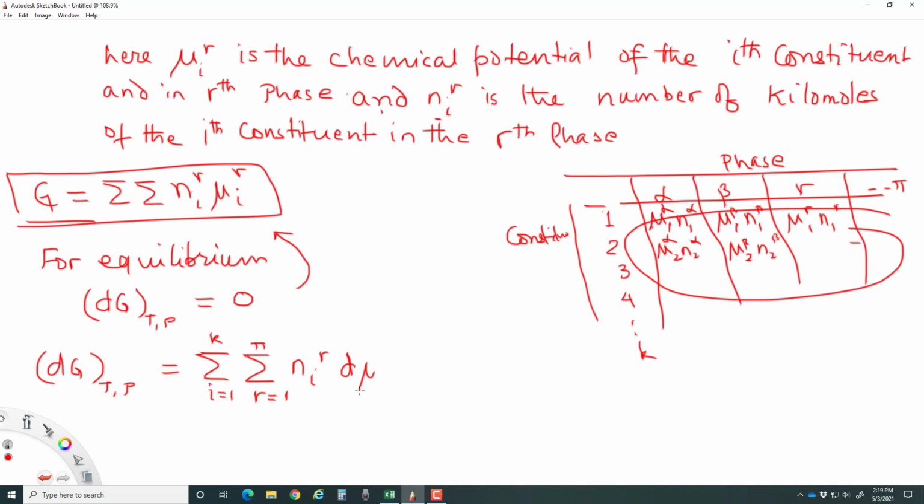So just taking the differential for the first one, and then we'll take the differential for the second one, taking the differential of n keeping mu constant. Now we know from the previous discussion that this thing would be 0 when we keep temperature and pressure constant. So something that we already got before: the sum of mu_i^gamma dn_i^gamma is 0.